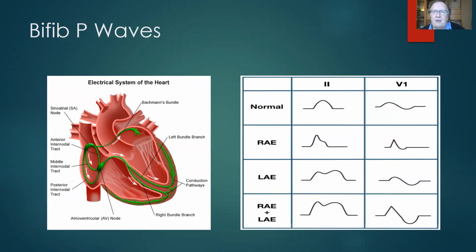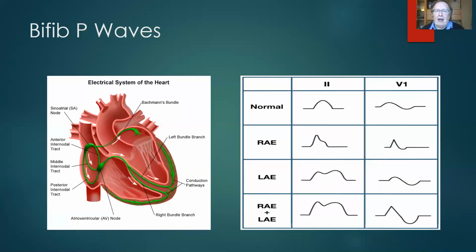This is a bit of an impress other people, and that is the bifid P wave. And what's happening here is because of heart failure, right or left heart failure, it doesn't really matter. Here we have a situation where in normal, the atria contract as one.